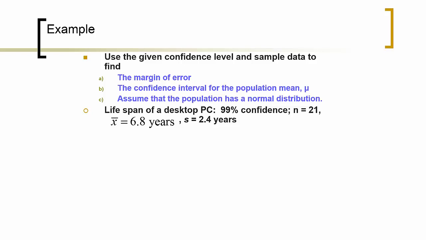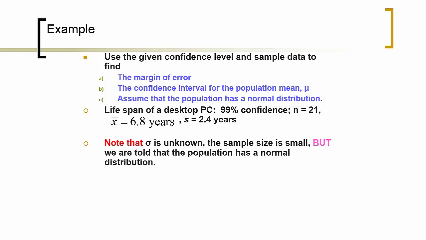We want to have a 99% level of confidence, and we have a sample with 21 desktop PCs, and in that sample the mean lifespan was 6.8 years and the standard deviation was 2.4 years. Note that sigma, the population standard deviation, is not known. We just have our sample.